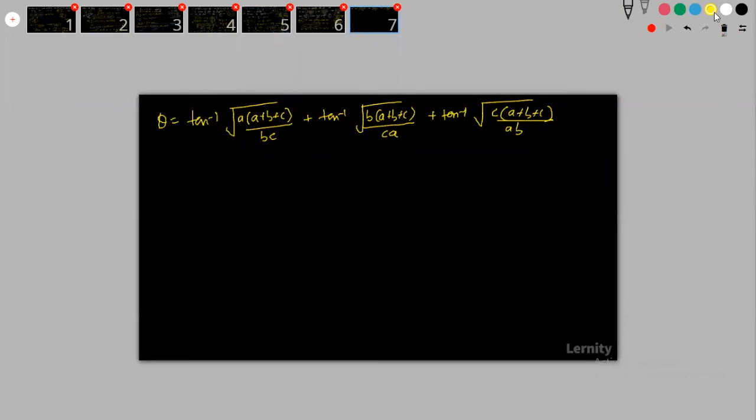See, even I know how to solve this question, but writing this whole thing is very lengthy. It will become very lengthy if you try to write it out completely again and again.